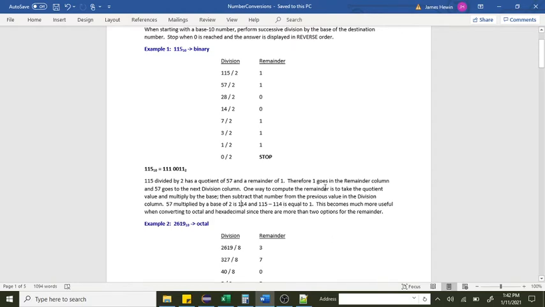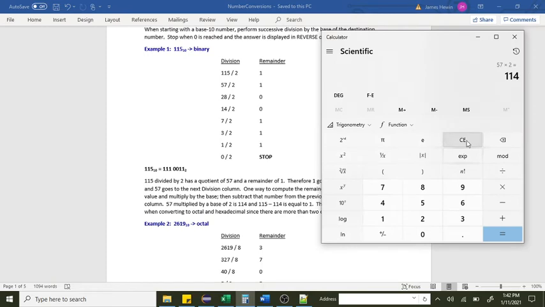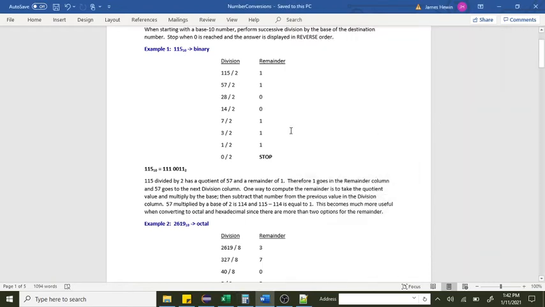That's how you can calculate the remainder. For binary, it's not too bad, because if you do 115 divided by 2 and you see 0.5, you know it's a remainder of 1. If you get a whole number, you know it's a remainder of 0. But for the other two systems, there's more options for the remainder, so this is where it'll come in useful.